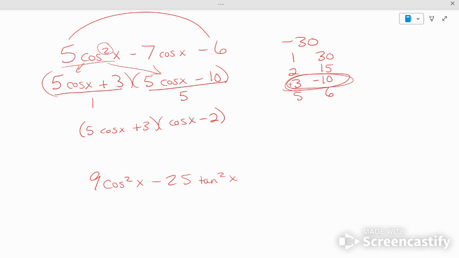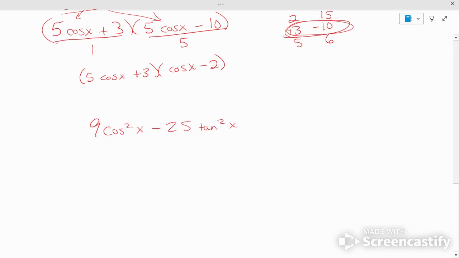9 cosine squared of x minus 25 tangent squared of x. So those each have square roots. So this is differences of squares. Difference of squares factoring. What's the square root of 9 cosine squared? 3 cosine of x.